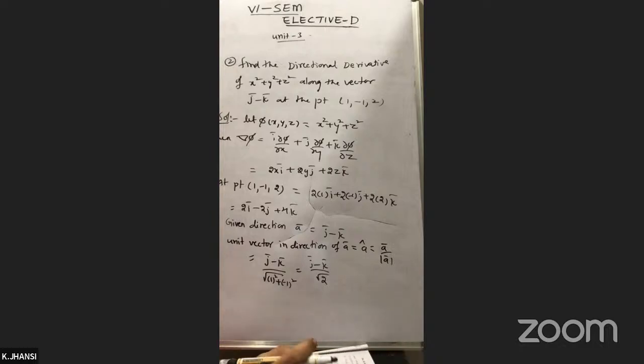What is the definition of the directional derivative with respect to the unit vector A?